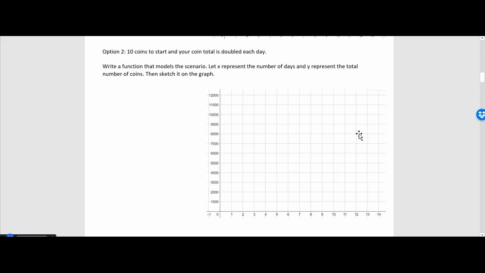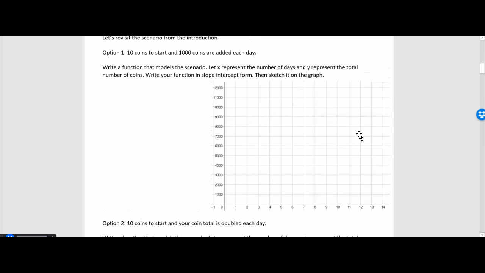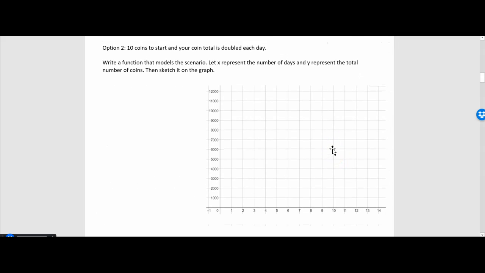So here's where I'd like you to pause the video, sketch a graph for what option A would look like, and you only need to go up to, we'll say, 10 days. For option 2, again, we'll only go up to 10 days, because after that, it's going to start going off the charts. So for each option, go through 10 days, and that'll give us an idea of what each graph looks like.